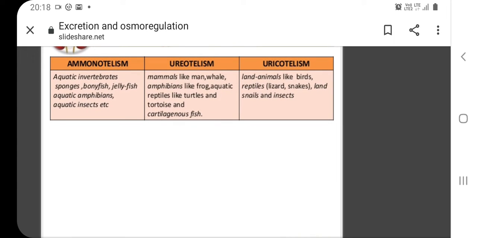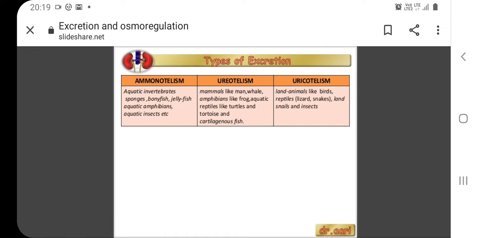Aquatic animals generally are ammonotelic. The mammals like man, amphibians, and tortoise are ureotelic. Uricotelic are land animals like birds, reptiles, snails, and insects.